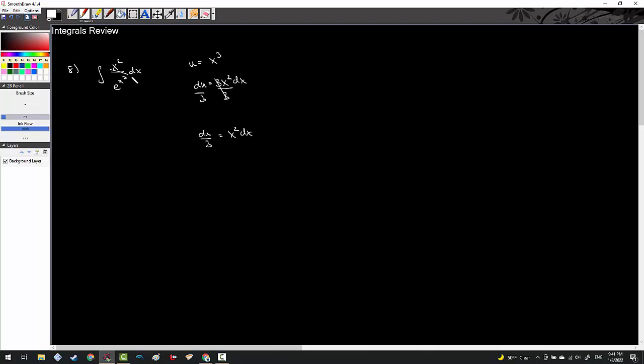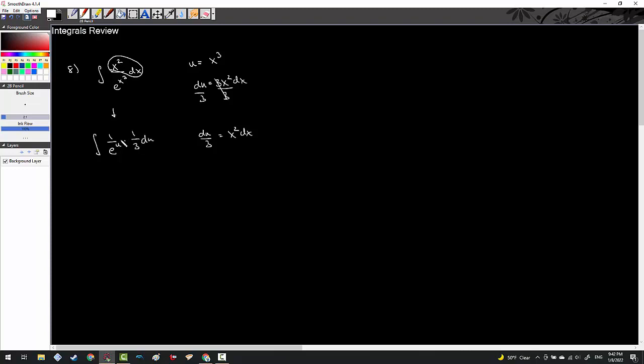From here, I see this linkage right here, the x squared dx, and I replace them with du over 3. So that integral becomes the integral of 1 over e, not to x cubed anymore, but to the u. And then the x squared dx is going to be replaced by du over 3, or in other words, 1/3 du.